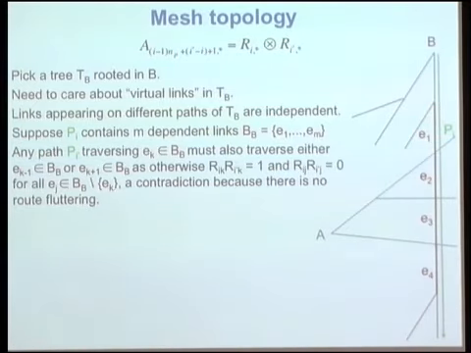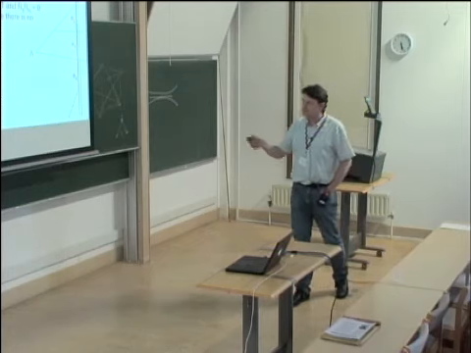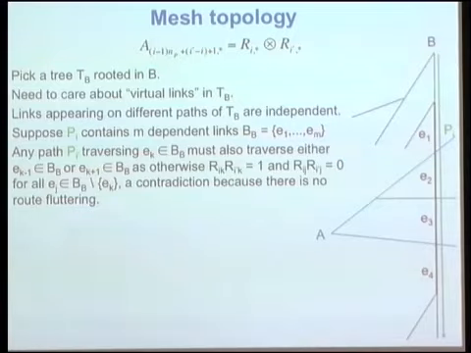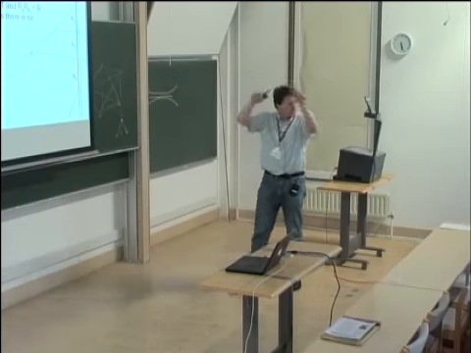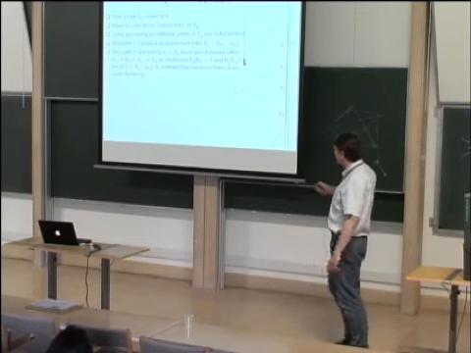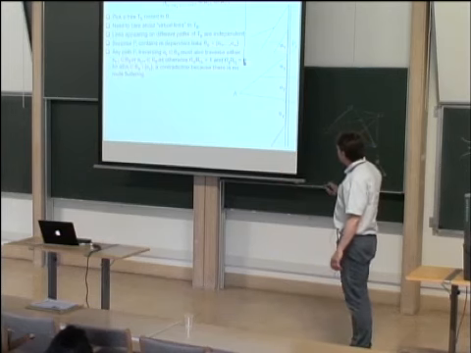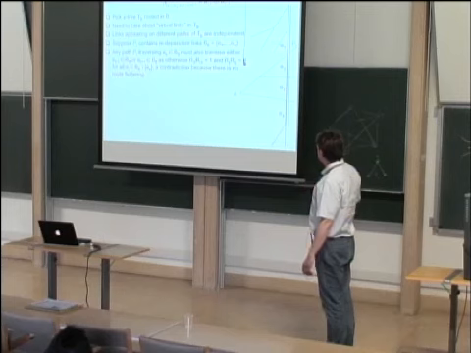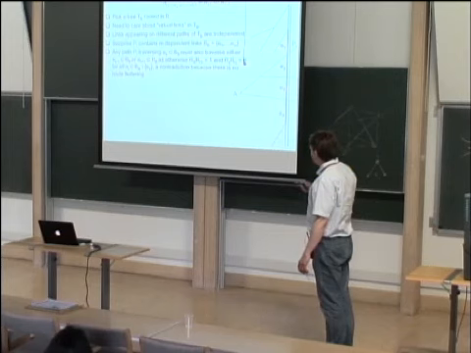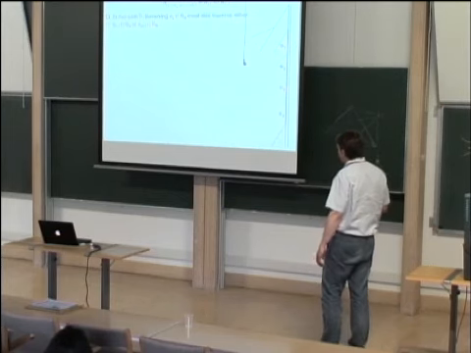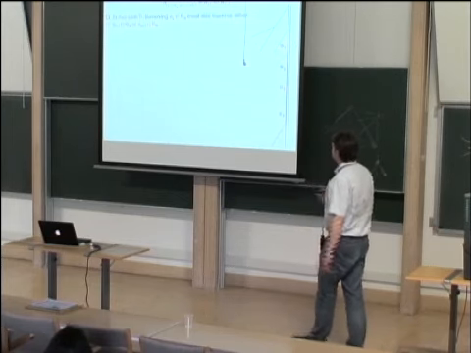That would be a contradiction, because then the column corresponding to Ek would not be dependent on any other columns in the dependent set, which is impossible, unless I allowed this path to join later on another dependent link, but I have excluded that because I don't have any route filtering. So any path Pi prime that traverses one link must also traverse either the link before or the link after in this set of dependent links. I will use this fact.